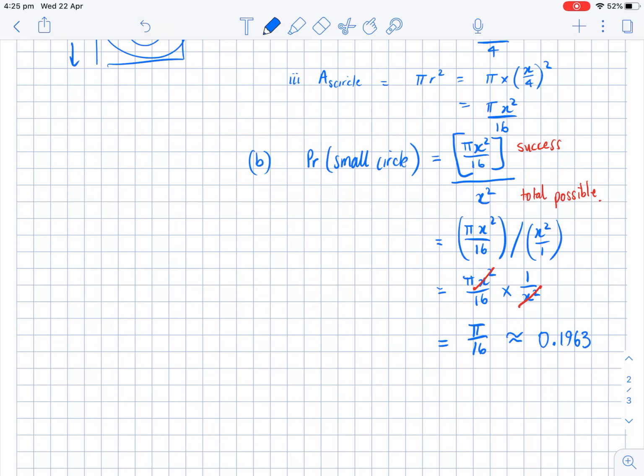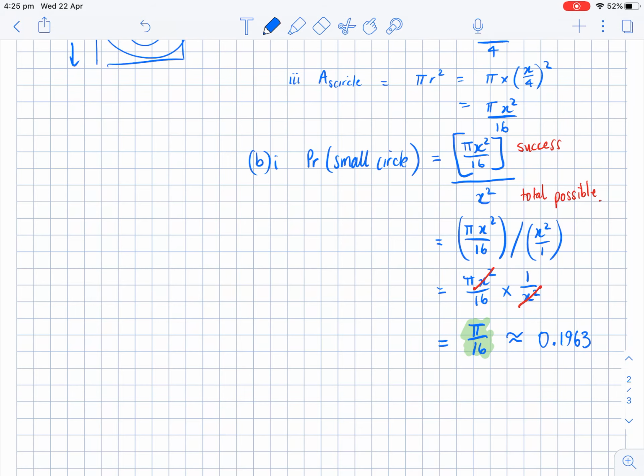Now if I think about that logically, that's about 0.2. 0.2 is roughly 1/5 of the shape, and if I look at the diagram in the book, 1/5 makes sense. So that's logical. But please don't turn it into a decimal for any other reason than to help your understanding. Please leave it as a fraction.